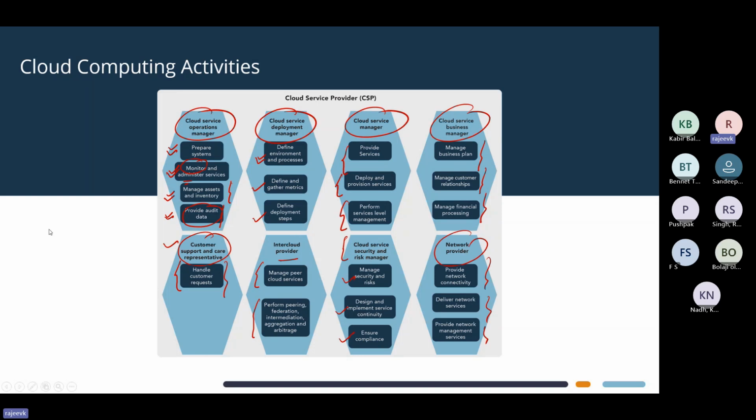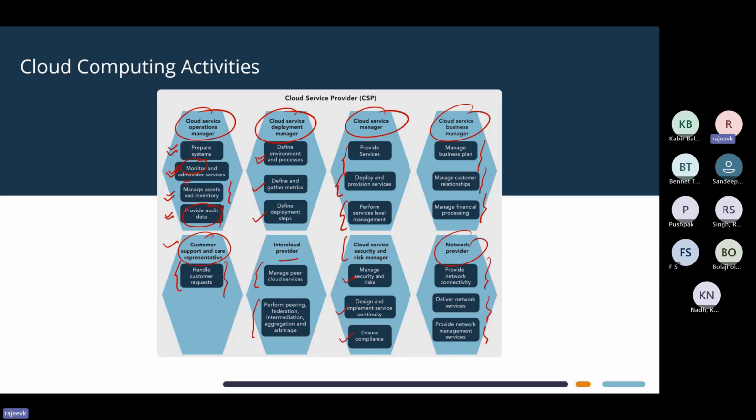So overall, the provider is responsible for multiple services to get delivered, and with the help of these roles, these sub roles, in fact, you can say it is the responsibility of the provider to deliver proper and adequate service. Remember, these are the high level roles given there. It doesn't mean that only these sub roles are there with the provider. Based on the requirement, it could be different.